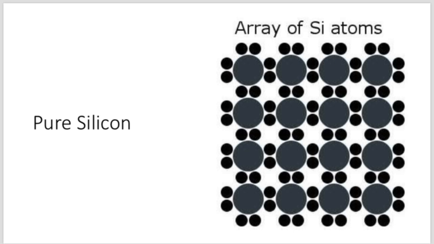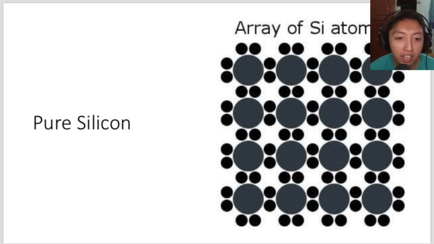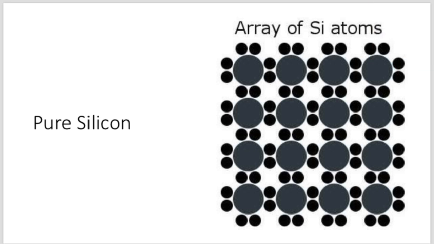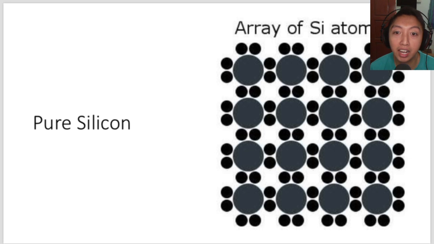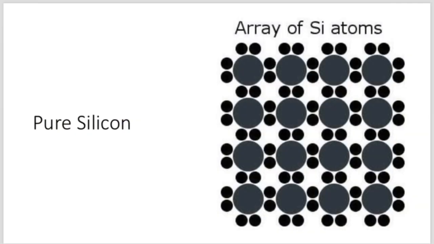It's having 8 electrons, and it's sharing these electrons with the other atoms. Since they get to share with the other atoms, it's very stable. Now, pure silicon like this does not conduct electricity, because there is no way for a free electron to happen. There are no free electrons here, and there is no charge that's going to move.